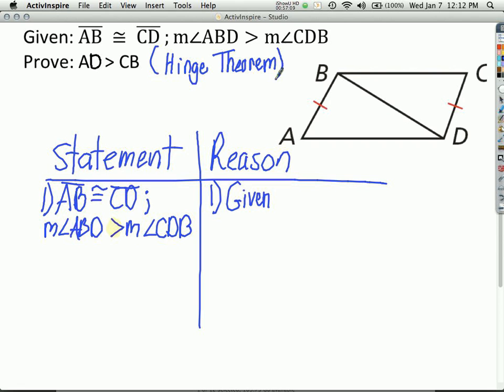And so the hinge theorem requires evidence. Do we have all the evidence that we need? Do we have any of the evidence that we need? Can someone tell me one of the pieces of evidence that we have to use the hinge theorem? Nathaniel?